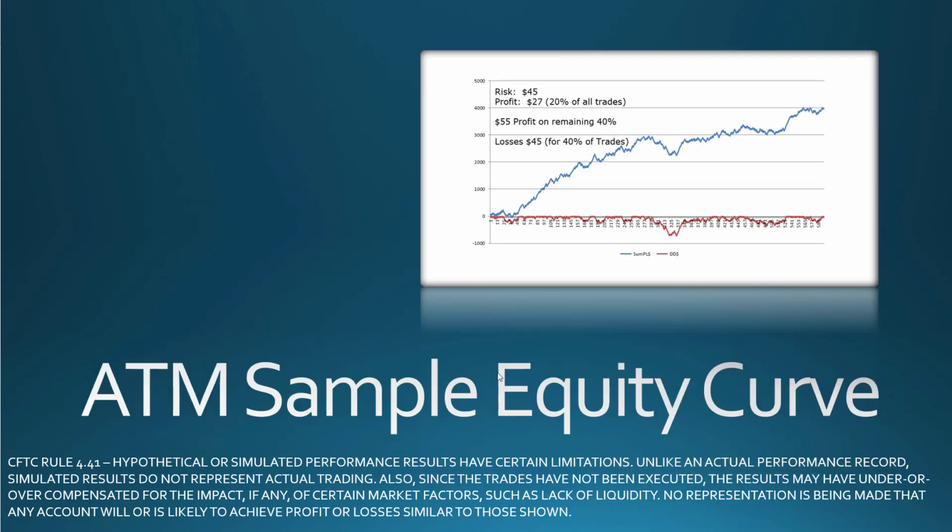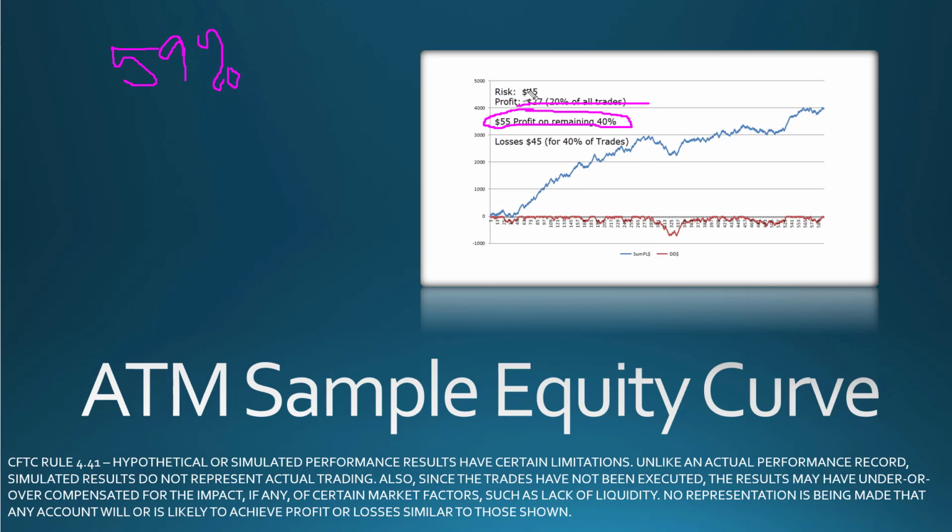Now, again, going back to the 59%. So remember, we have 59% over here. And that's what the historical performance report says was the lowest. Let's say that you were able to capture $27 of profit on 20% of the trades, and you allowed the remainder to expire in the money.